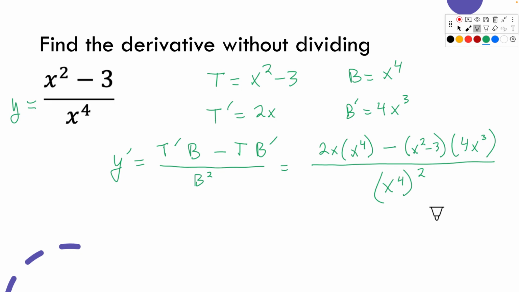And now let's go through the steps to kind of simplify a little bit, right? 2x times x to the fourth is going to give us 2x to the fifth. And notice, give yourself some space. Part of it is we're going back and forth between taking derivatives and multiplying.